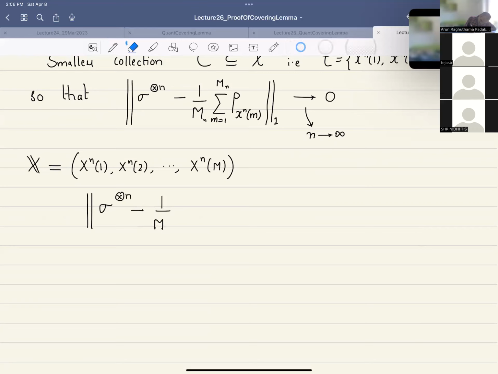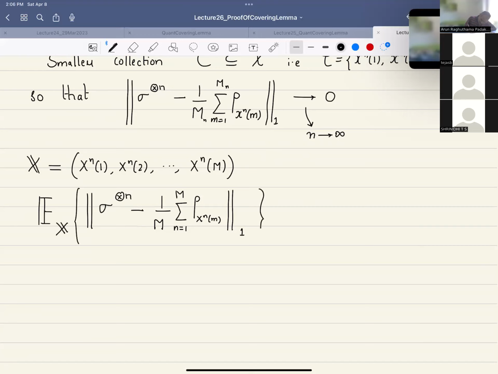I'm not going to write this subscript n because you should know that. So this is the random object, and if I can show that the expectation over x is say 2 power minus n eta.